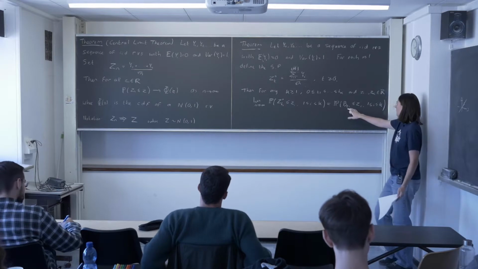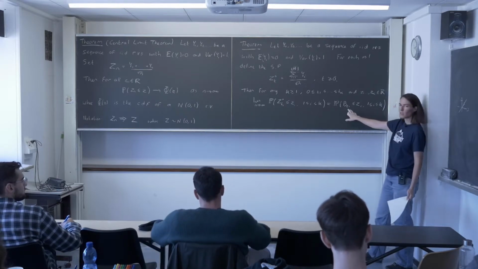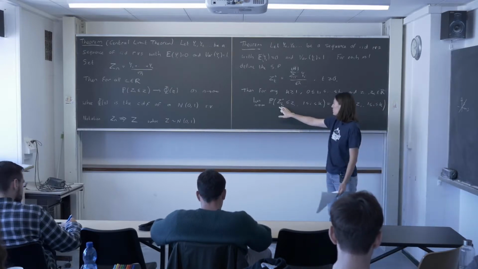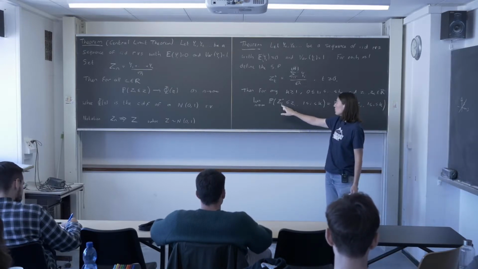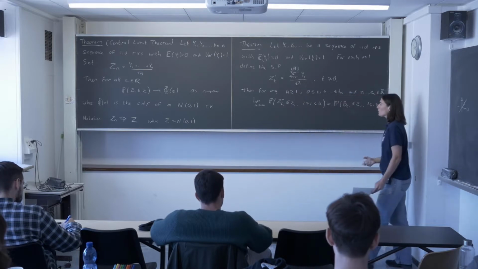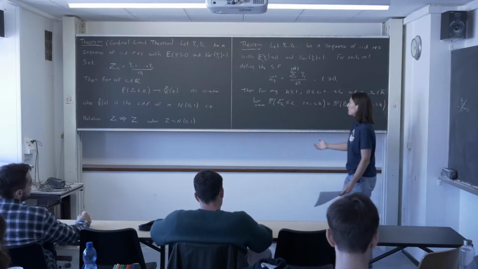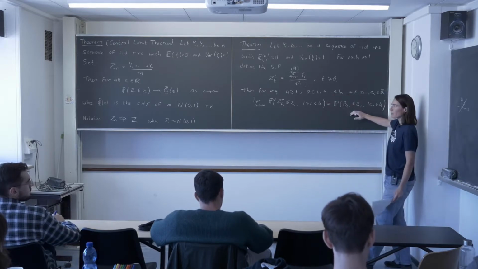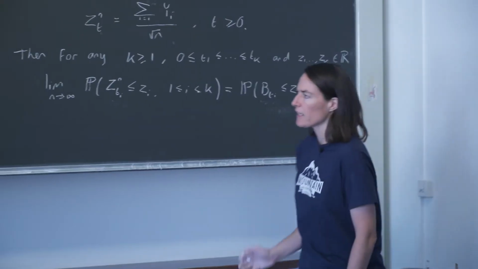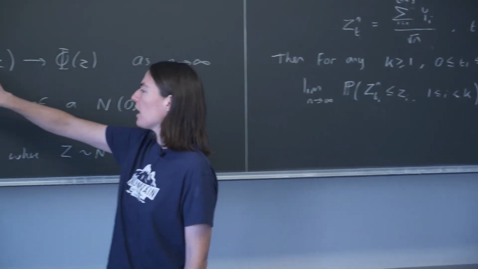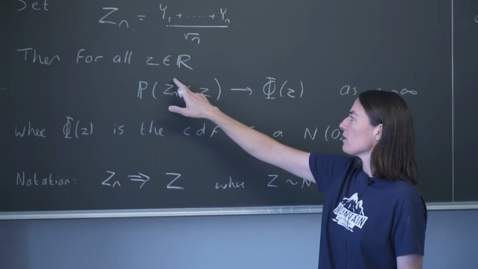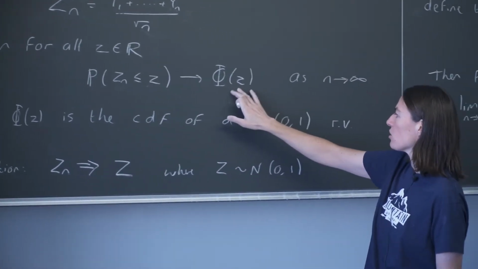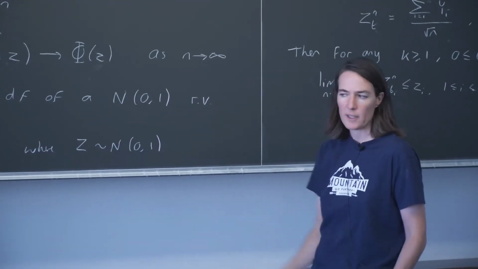Okay, so what have I written down here? Well, this is just a finite dimensional distribution function corresponding to Brownian motion. This is the finite dimensional distribution function corresponding to our process Ztn. And so what we're saying is that in the limit as n goes to infinity, this finite dimensional distribution function converges to this finite dimensional distribution function. And that's exactly what we had here, except here we only had a one-dimensional vector. But we were still saying this distribution function of Zn converges to this distribution function of a normal 0, 1.